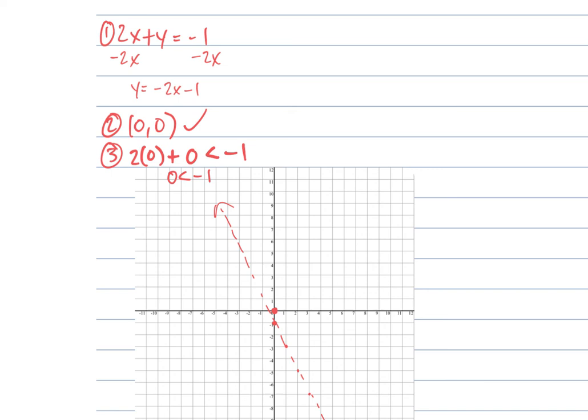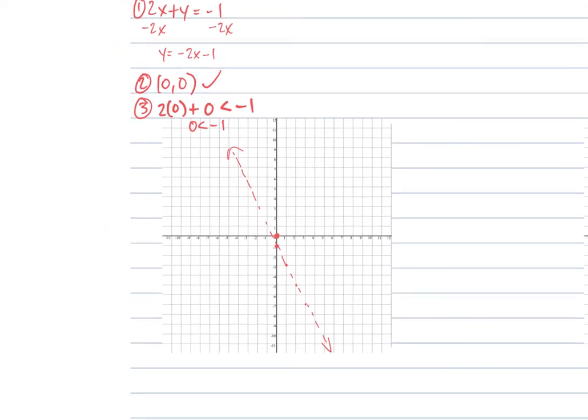It is bigger than -1. Therefore, we are going to shade on the other side. So since this didn't work, we're not going to shade the side with 0, 0. We're going to shade the side without 0, 0, which would be the left side, okay?